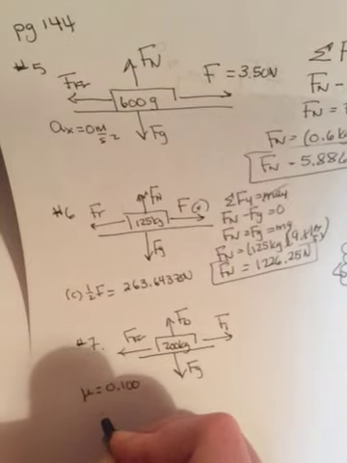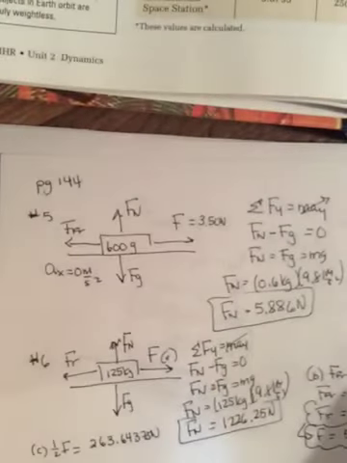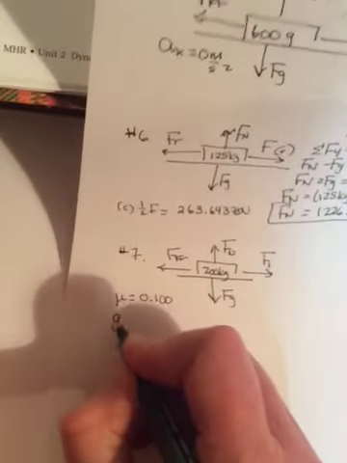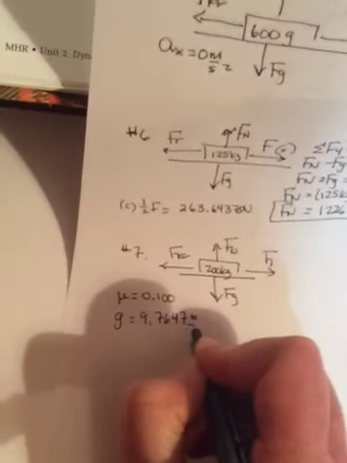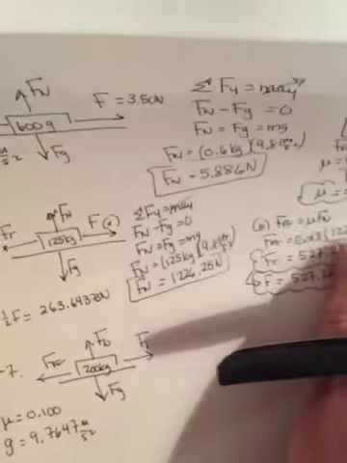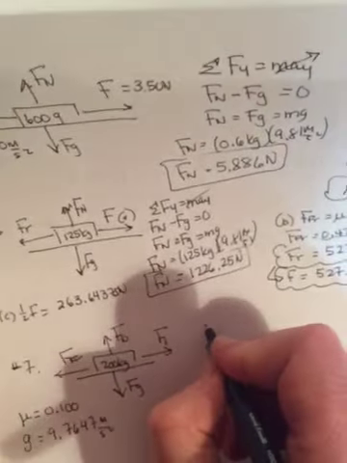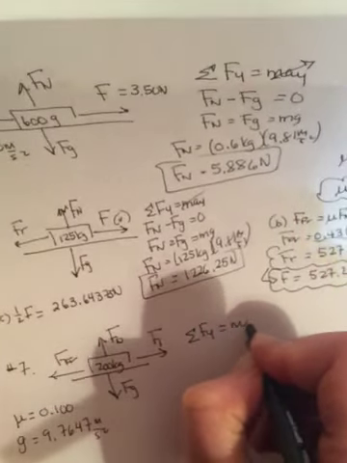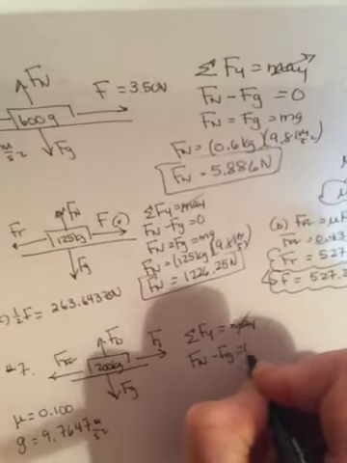It's also at the top of Mount Everest, so you need to be careful here because the acceleration due to gravity is not 9.81. Little g is 9.7647 meters per second squared. The question wants to know, calculate the force of static friction. First you need to do the sum of the forces in the y direction to find your Fn. So Fn minus Fg equals 0.